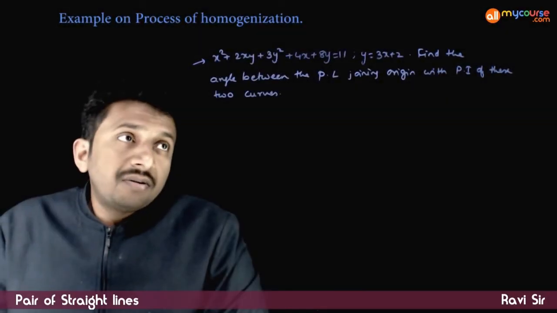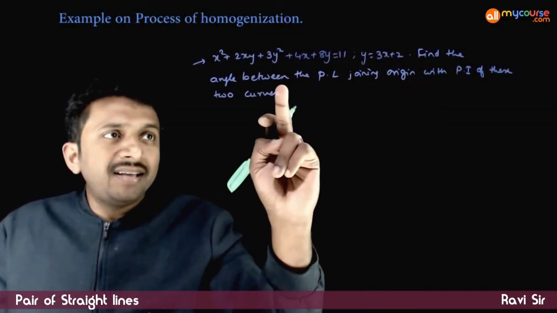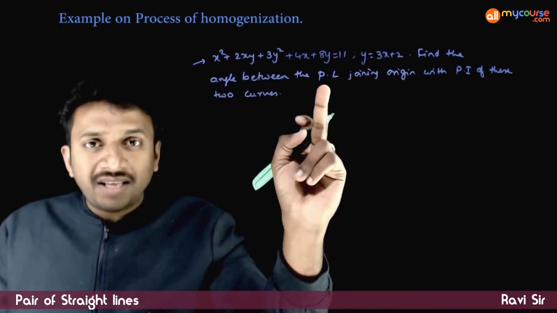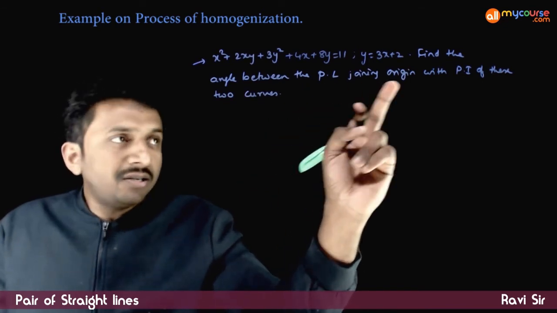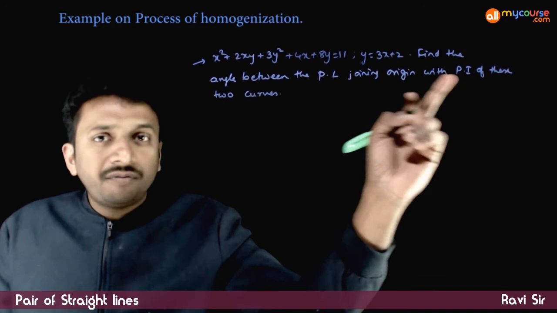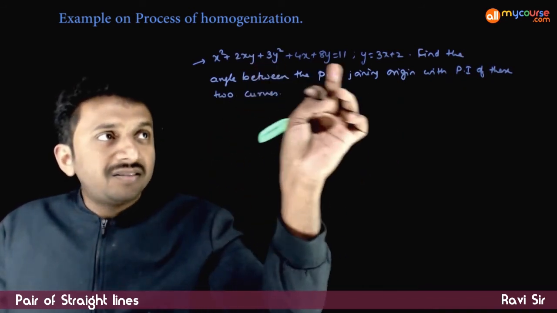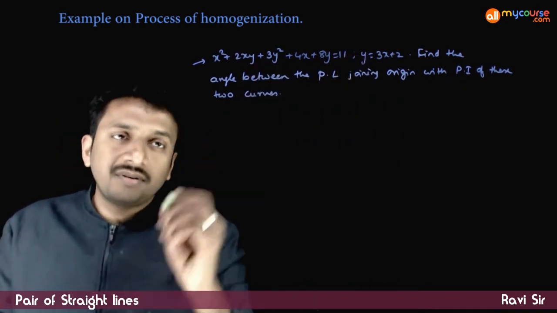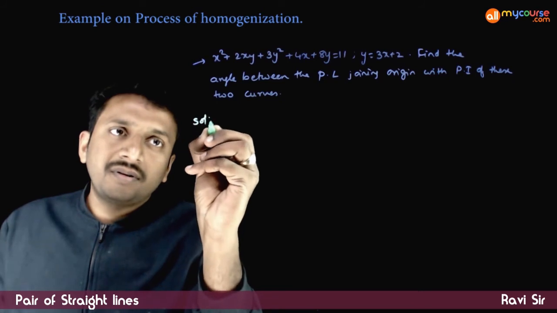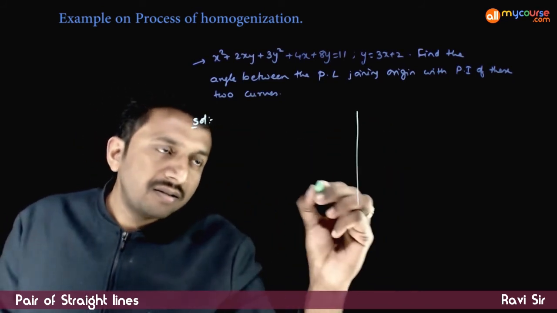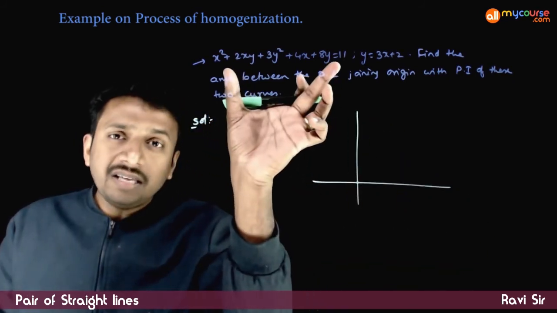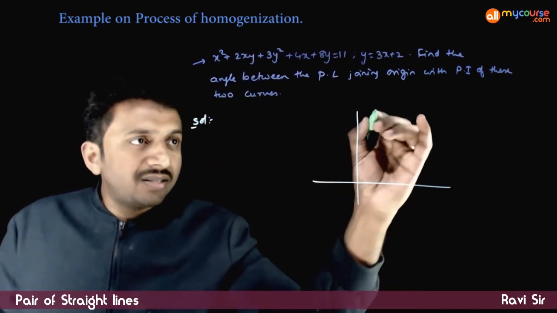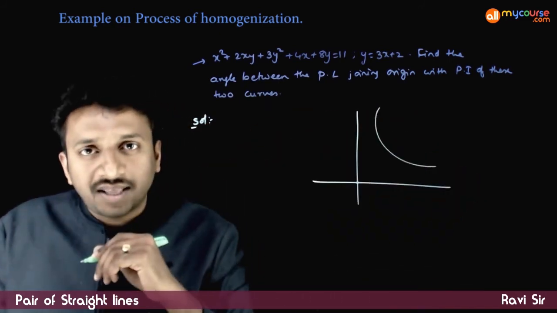In this question, you're asked to find the angle between the pair of lines joining the origin with the points of intersection of these two curves. That is, you have a general quadratic. This might be some curve which looks like this.